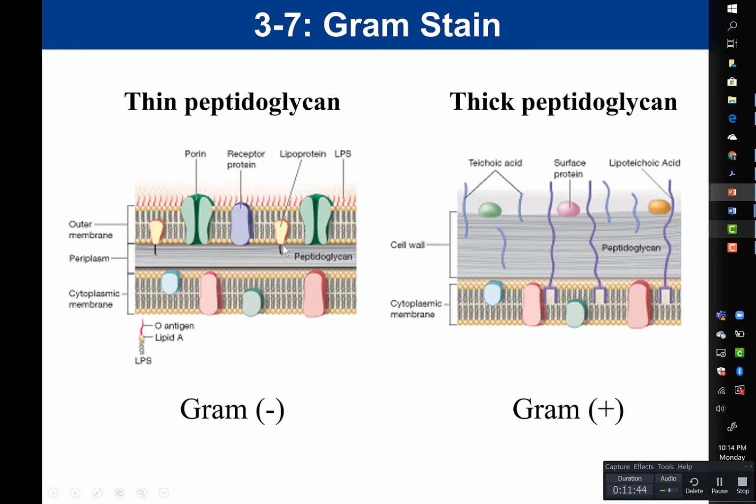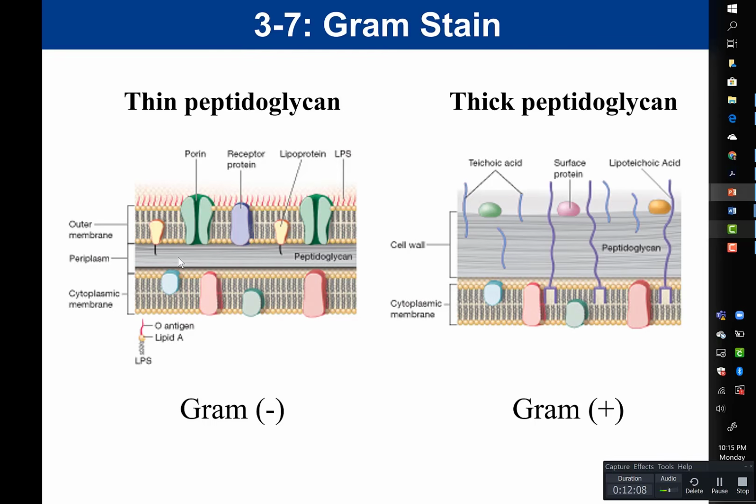Whereas for gram-negative, you want to know that it has an outer membrane with LPS, lipopolysaccharide, which has lipid A, which is an endotoxin. You want to know that gram-negative have porins in their outer membrane. And again, the big key is that they have a thin layer of peptidoglycan.